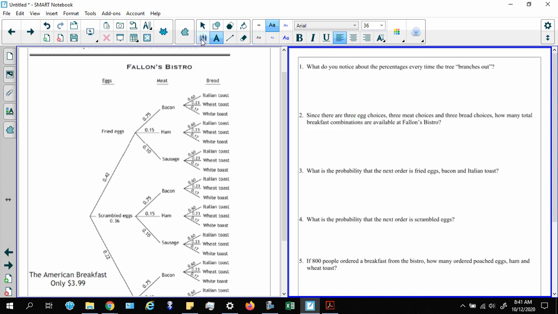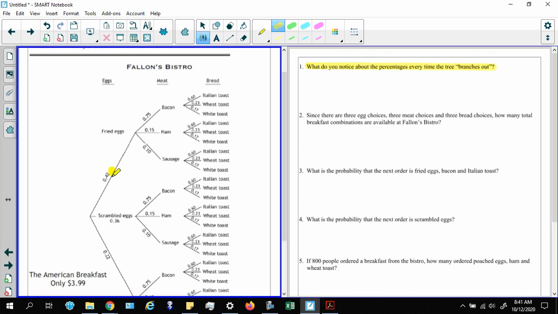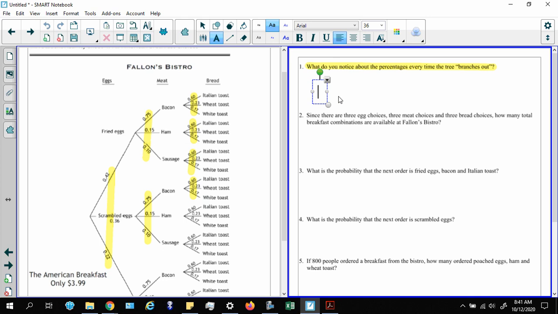All right, so first off, it says, what do you notice? Observation skills. What do you notice about the percentages every time the tree branches out? So that means every time the tree branches out, like these three, branches out here, branches out here, it branches out here, it branches out there. And I'm not highlighting them all, but it branches out here. If you notice every single time it branches out, the branches add to 100%.